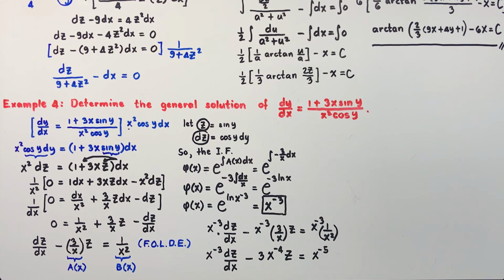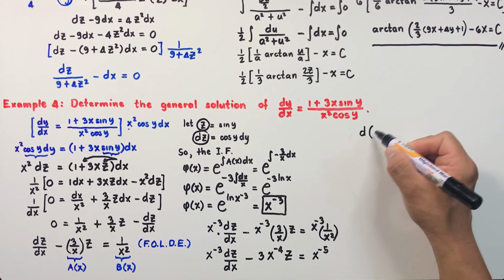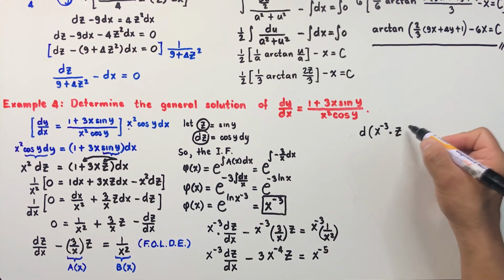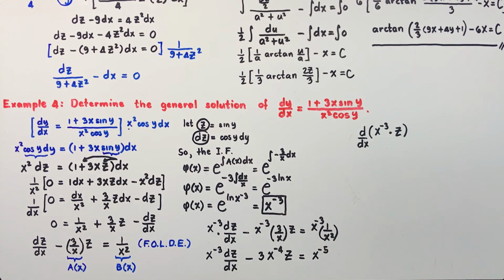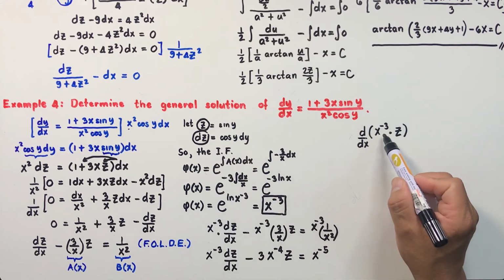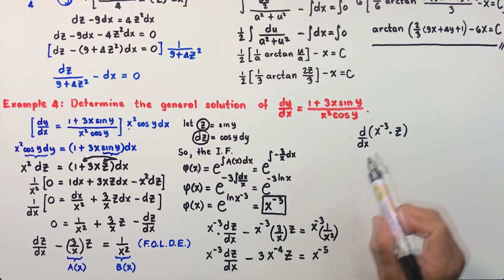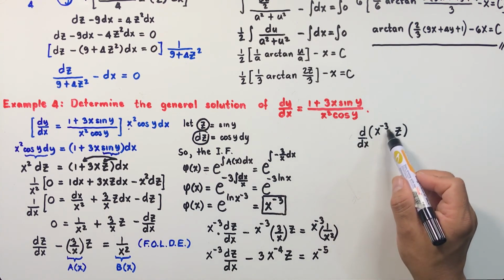And you notice that this one is already a derivative of a product, if you can easily see that one. To shorten our solution, that is the derivative of x to the power negative 3 and z with respect to x. And you can check that we have the first factor x to the power negative 3 times the derivative of z with respect to x plus z times the derivative of x to the power negative 3.